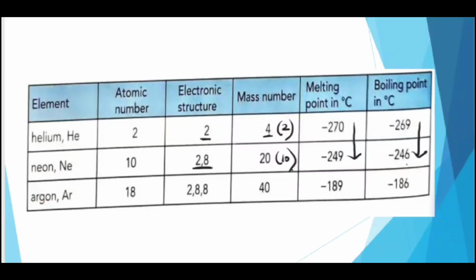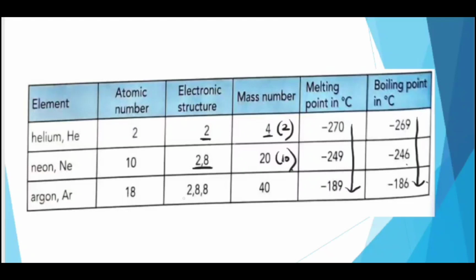Sorry for that statement. The numbers are falling, however, the melting point is increasing as you go down. The boiling point is also increasing as you go down the table.